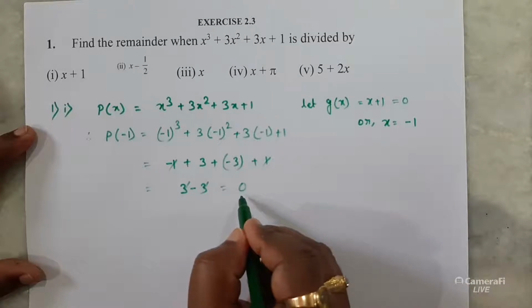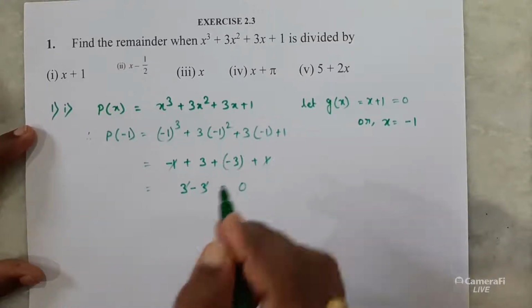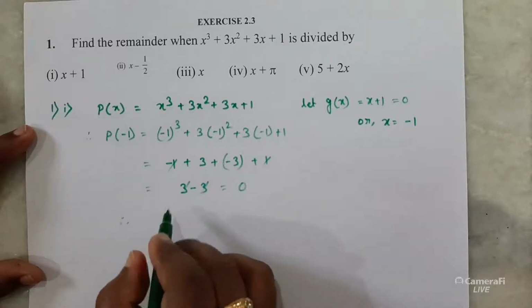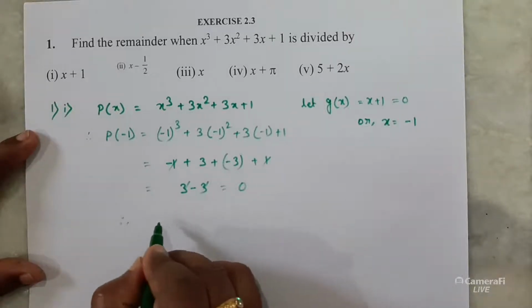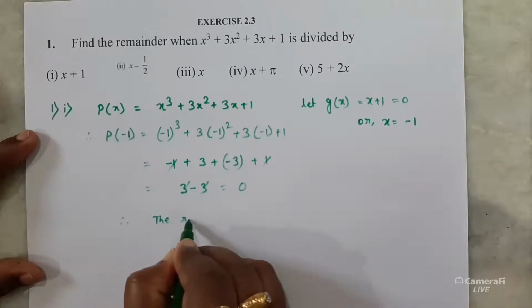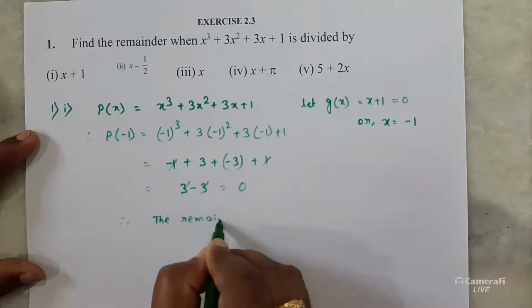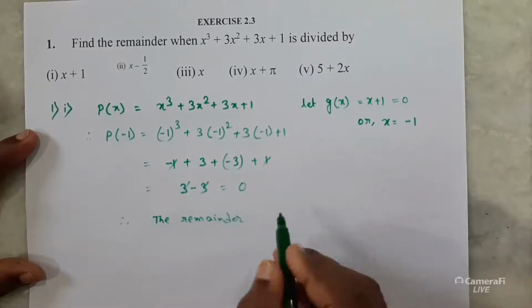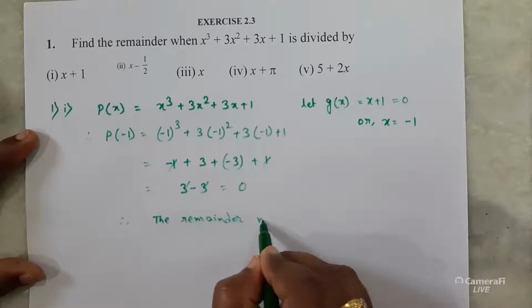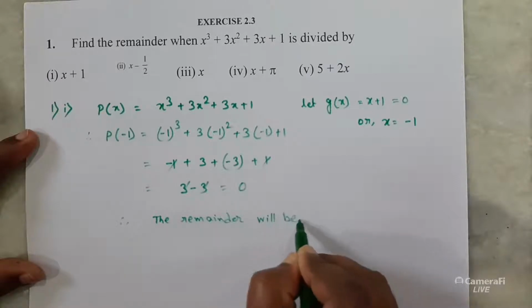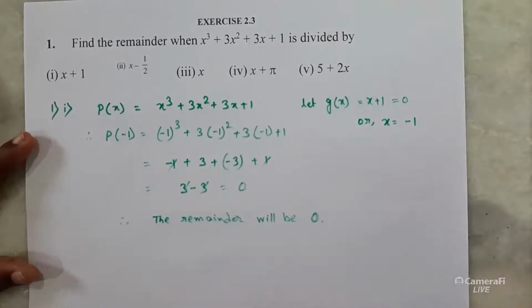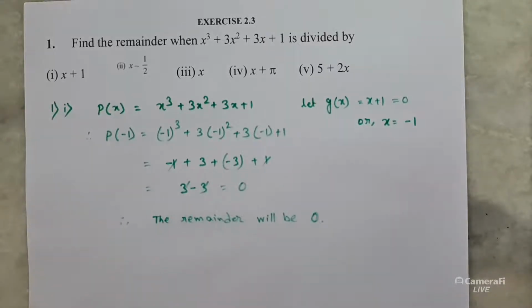So the remainder will be 0 for the first question.